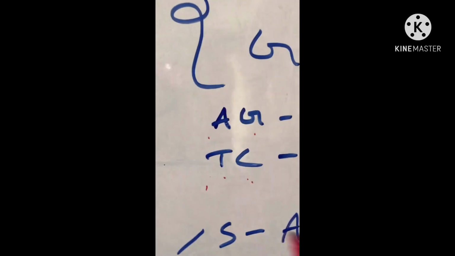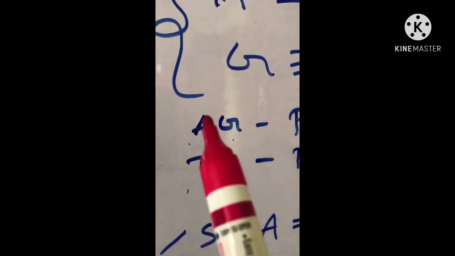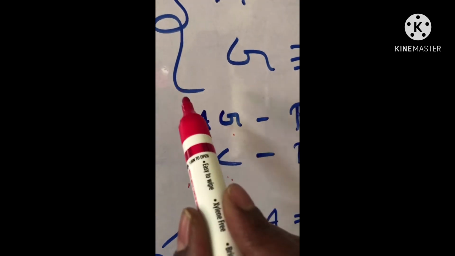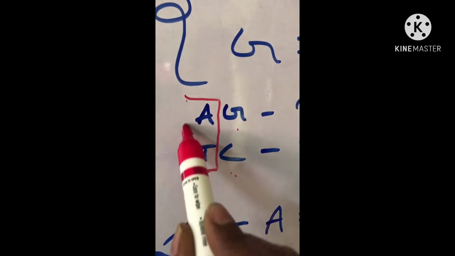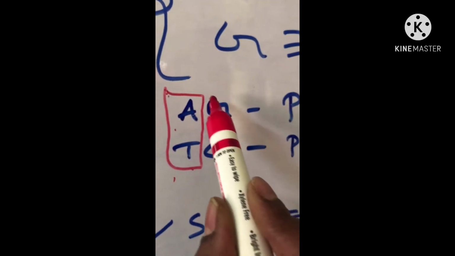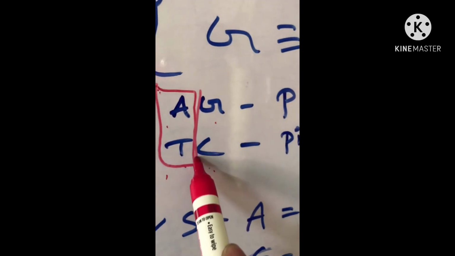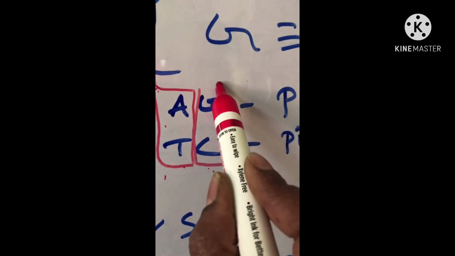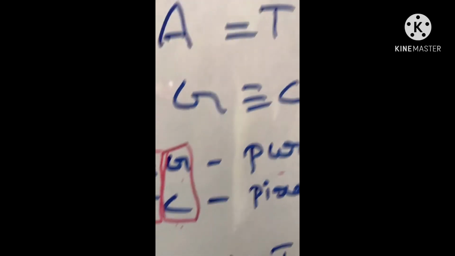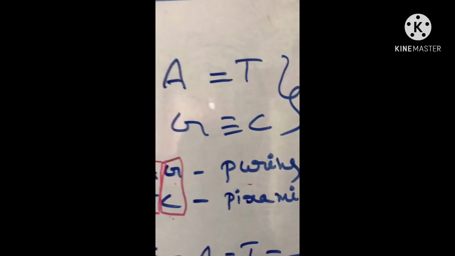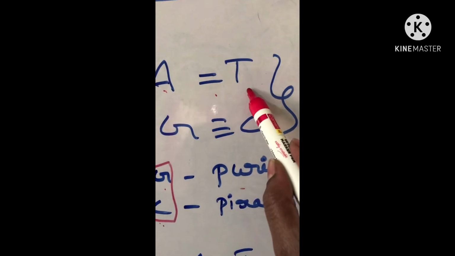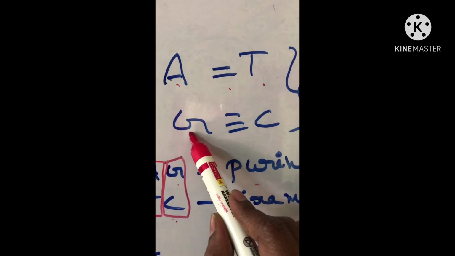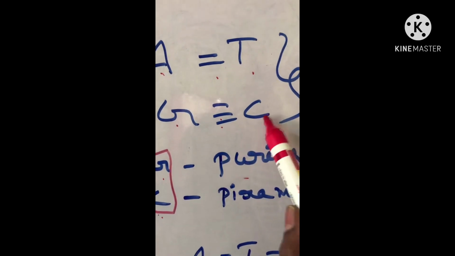Actually, one pyrimidine and one purine are always connected. Here adenine and thymine are always connected with hydrogen bonds, and guanine and cytosine are also connected with hydrogen bonds. This is the structure: adenine double bonded to thymine, guanine triple bonded to cytosine.